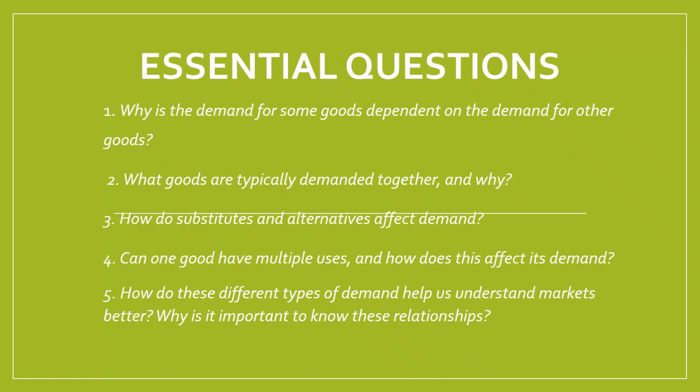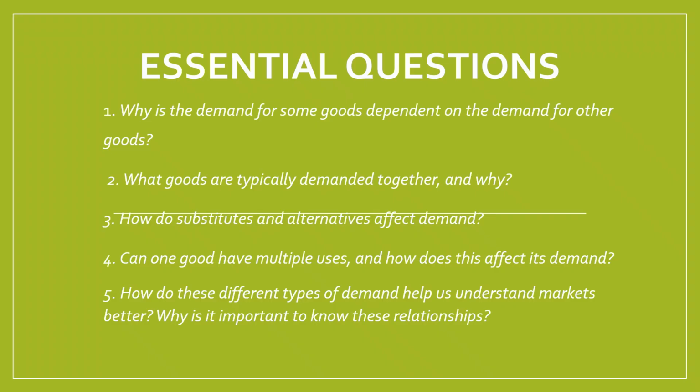Think about cassava and garri. If you want more garri, what happens to the demand for cassava? Second, what goods are typically demanded together and why? Think about a pen and paper or a car and petrol.